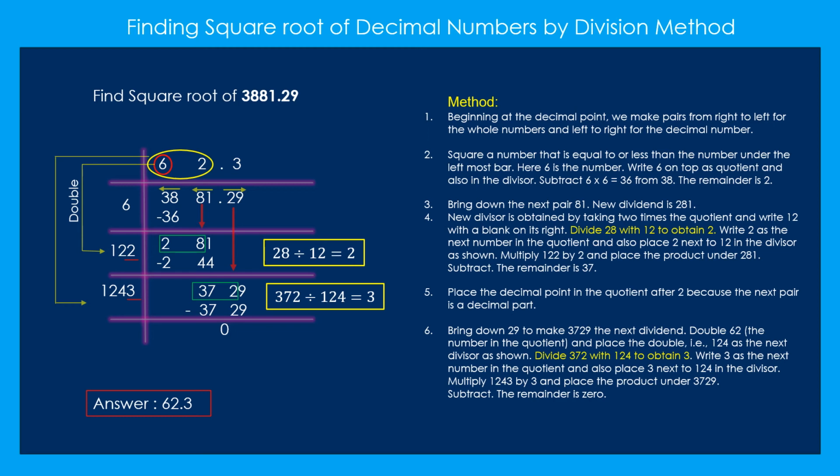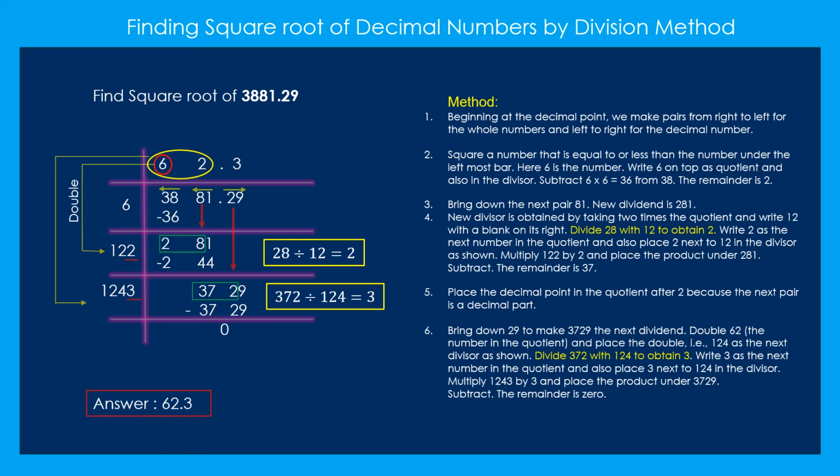So beginning at the decimal point, we make pairs from right to left for the whole number. 3881 is your whole number, and after the decimal point, 29 is your decimal part. You see the arrow? The arrow direction is from right to left for the whole number and left to right for the decimal part. So you made pairs.